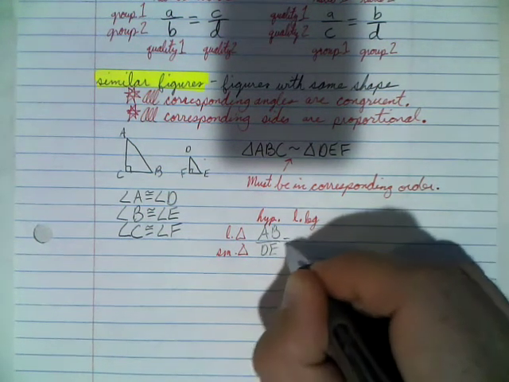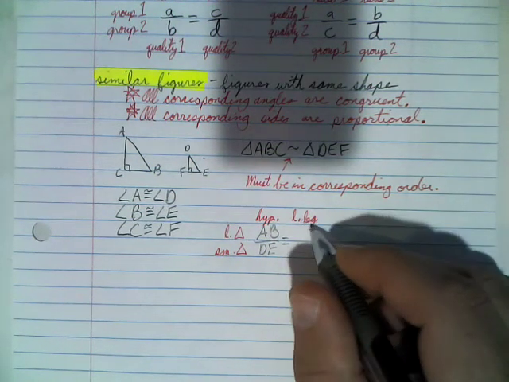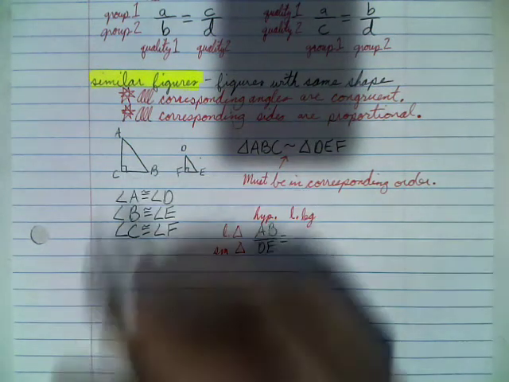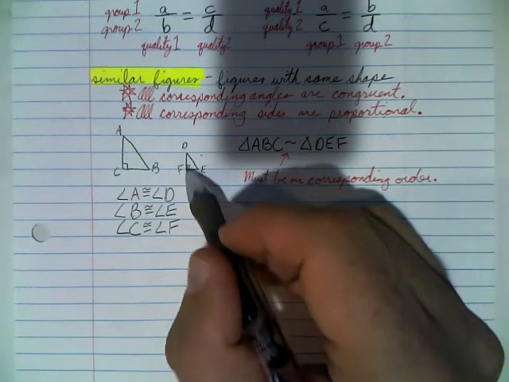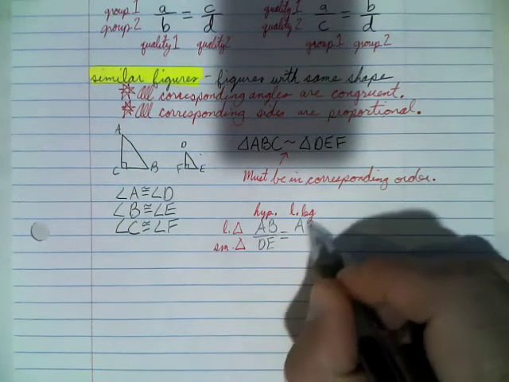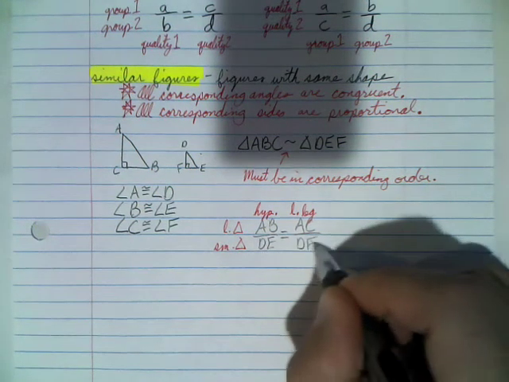Now we're making a proportion, so this is going to be equal to another ratio, made by looking at their longer leg. There's a longer vertical leg and a shorter horizontal leg. The length of the longer leg here is AC. On the larger triangle, I have AC. On the smaller triangle, I have DF.